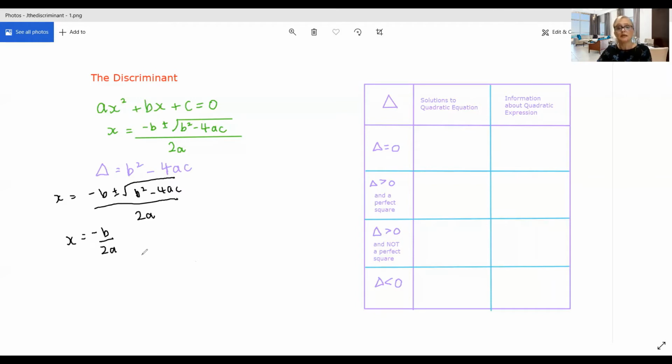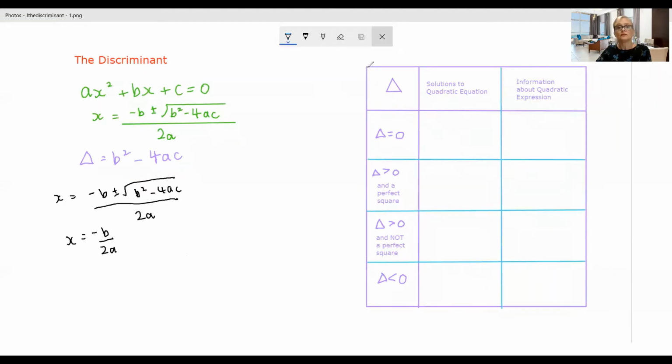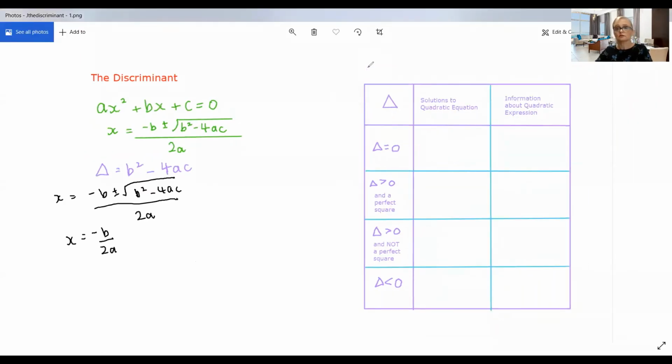What does that mean in terms of our expression? Let's think about that. So we've got one repeated solution. What does it mean in terms of our expression? Well, what it means is that the expression must have been a perfect square. So it must have been x plus or minus something all squared.